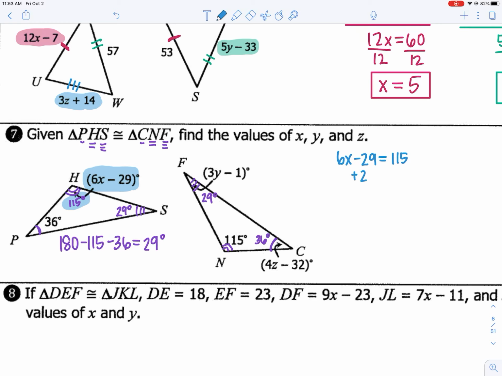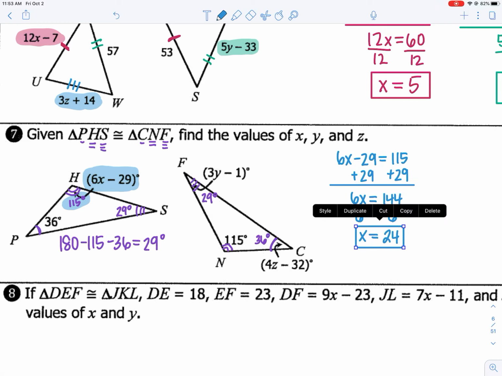So add 29 to both sides, and you'll have 6x equals 144. Divide by 6, and you'll have x equals 24. And remember, if you want to check your work, you can plug 24 back into this 6x minus 29 and see if you get 115 out.